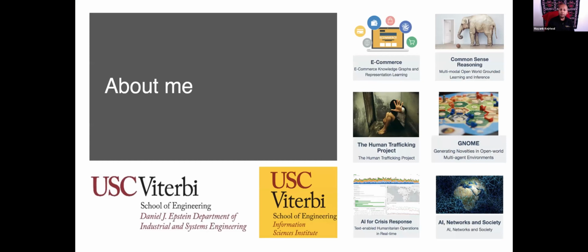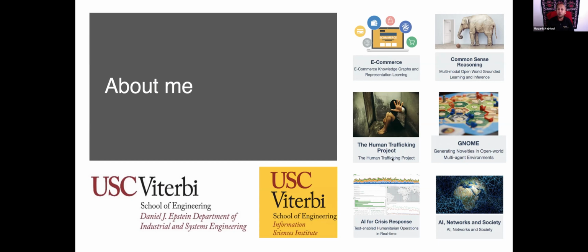So a little bit about me. I'm a faculty at USC in the Department of Industrial and Systems Engineering, and also have a joint appointment in the Information Sciences Institute. And we work on a lot of different projects. So here's a snapshot of some of my projects. I do a lot of work in AI for social good, and almost all of these knowledge graphs are heavily applied. So it's always fantastic to see a course like this being offered.